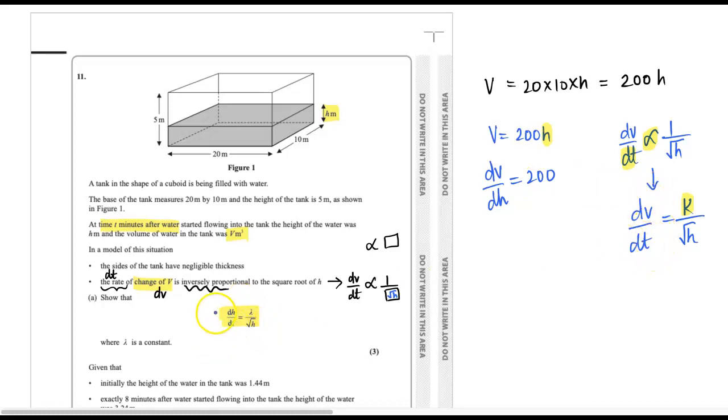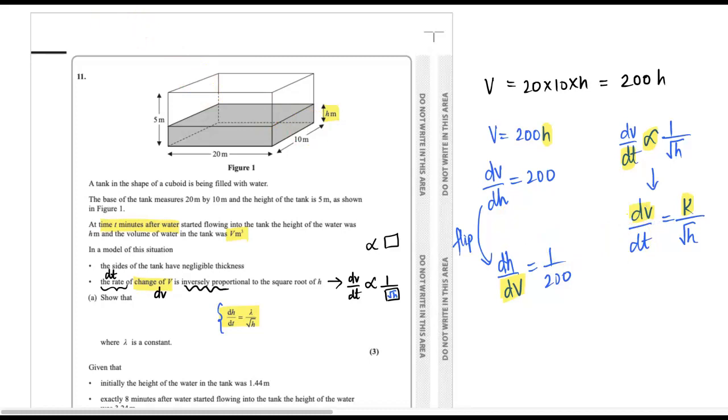They are actually asking for dH over dt. We are getting dV over dH. Just flip this one. If we flip it upside down, can we say that dH over dV is equal to 1 over 200? Why did we do this? Because it's dV here and dV there.